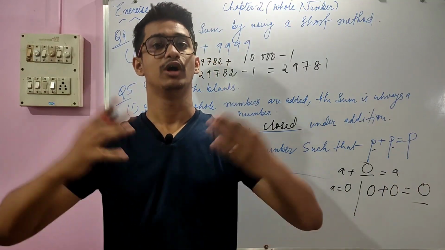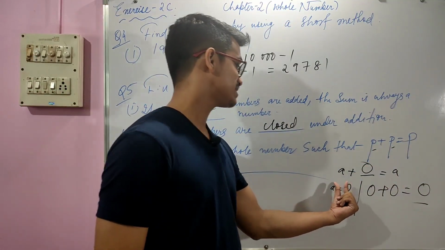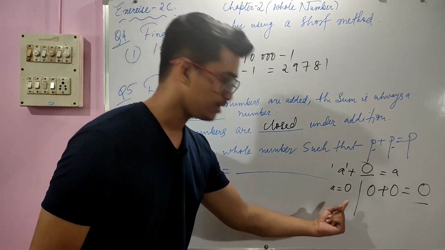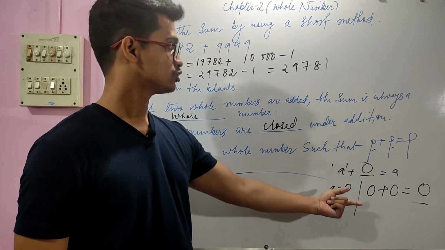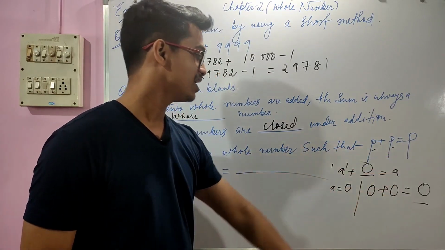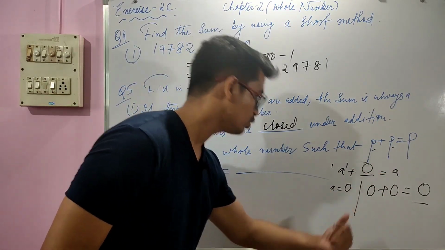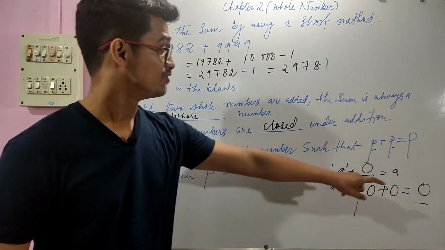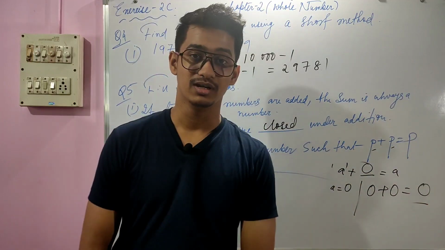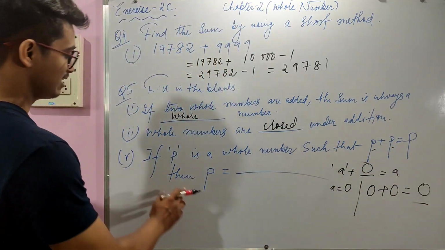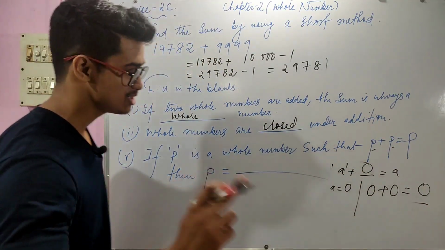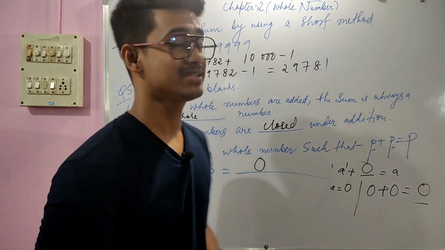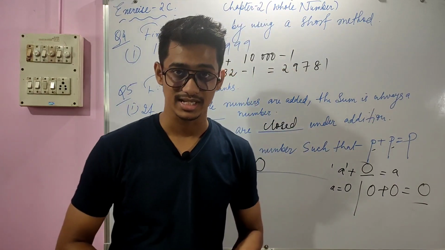So to satisfy this particular statement, we have to take it equal to 0 such that 0 plus 0 gives you 0, which is actually satisfying this particular arrangement. So here then P must be what? It should be 0. So that is the end of this exercise, that is exercise 2C.